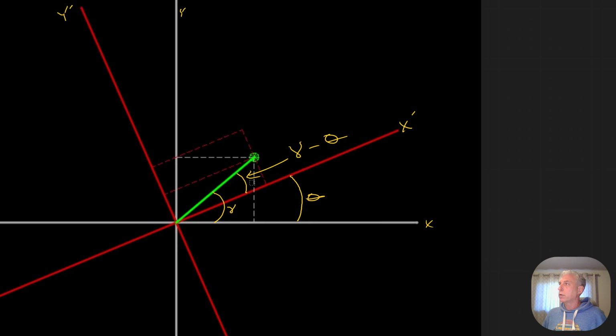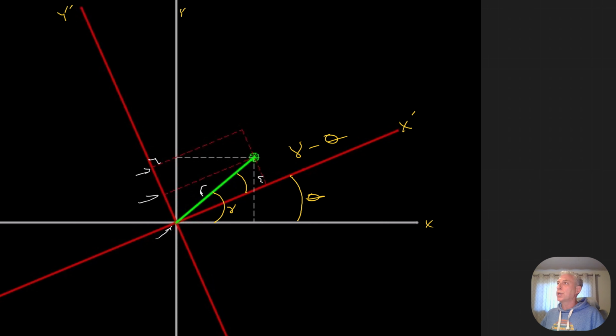I'm going to erase my arrow because I'm going to draw in here. Well, if we have that angle, recognize now that this is a right angle and this is a right angle, and that line is equal to that distance, or our delta x prime, right? And we have r here. Remember, our slope distance doesn't change when we rotate. Slope distance is the magnitude of a vector, so it's going to stay the same.